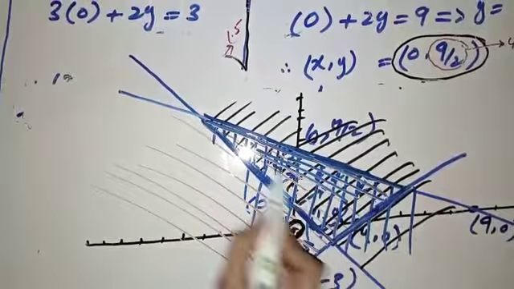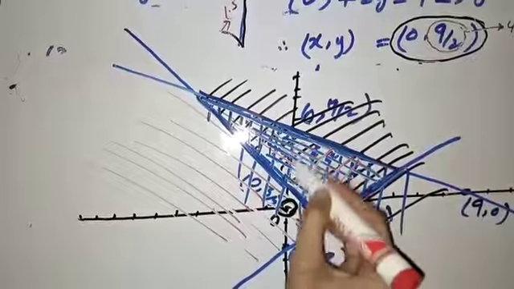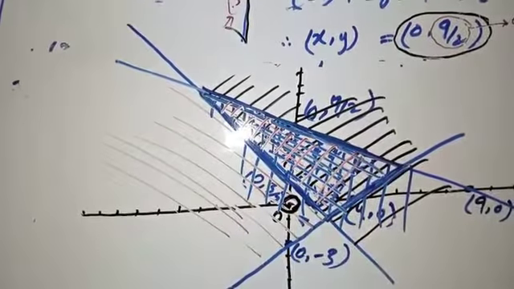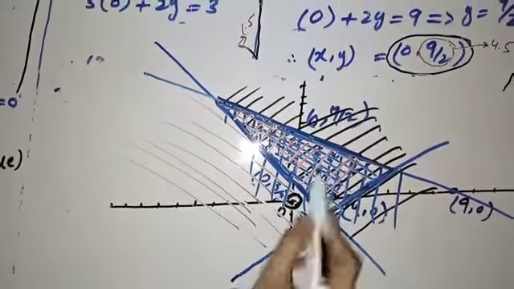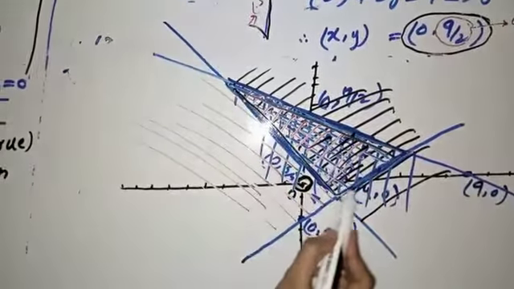This region having blue lines, red lines and black lines, this is our required graph.